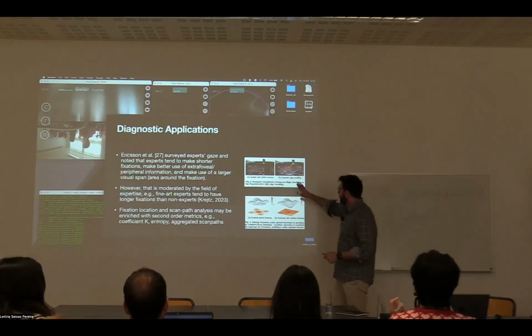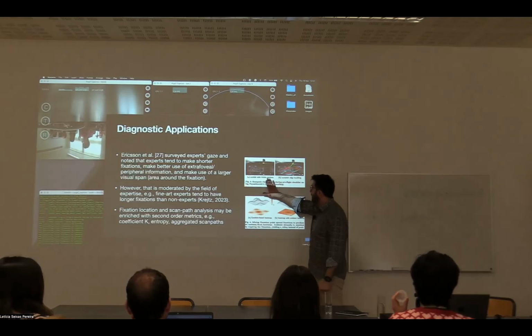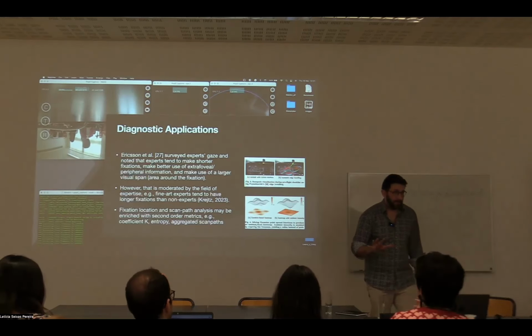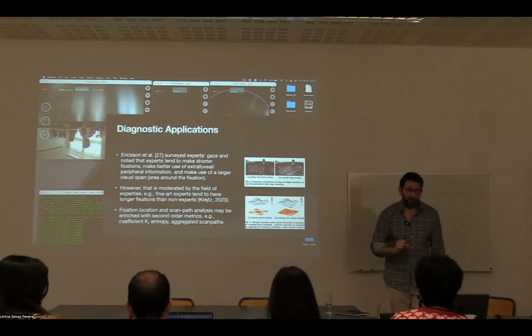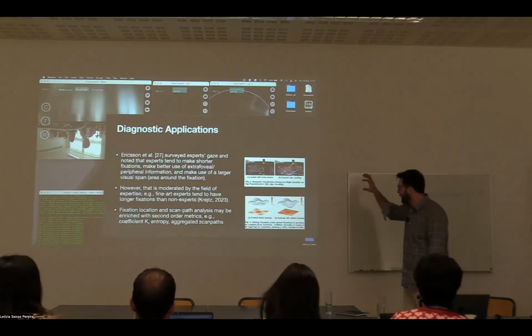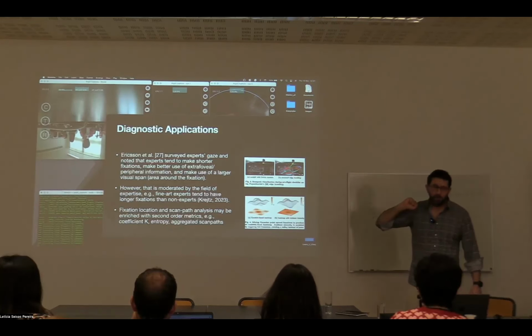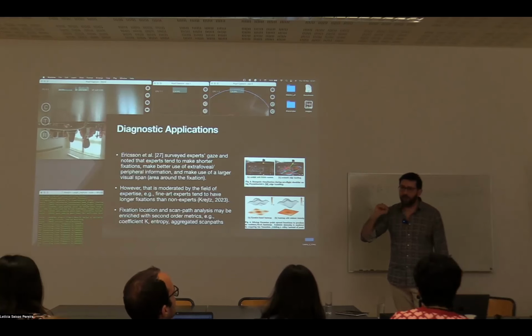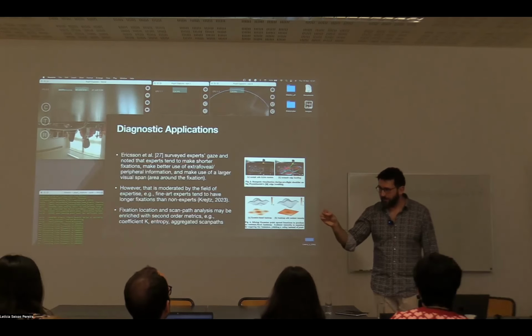When they compare the scan paths of experienced and non-experienced pilots, they look completely different. Usually when we read the literature on expertise and eye movements, we find that experts tend to have shorter fixations and longer saccades.